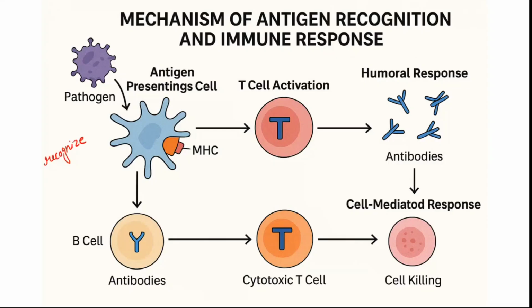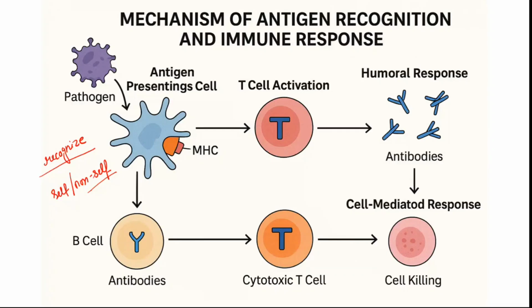If your body is not able to find out whether there is an antigen or not, because ultimately we have to differentiate between self and non-self, because everything that is not of our own body is considered non-self, and for every non-self thing our body has to generate an immune response. So our immune system should be able to recognize an antigen.